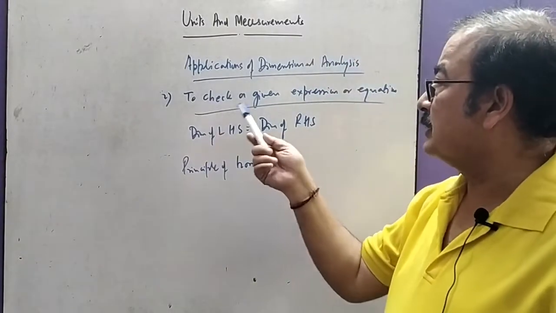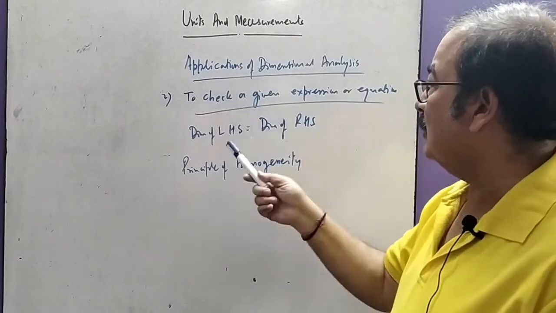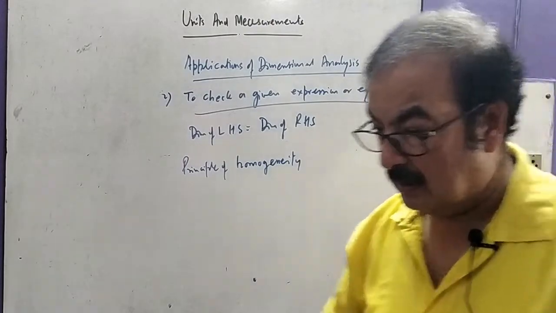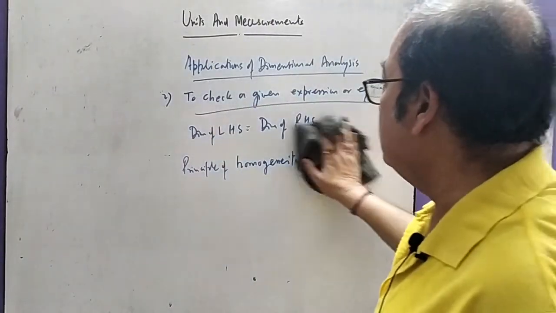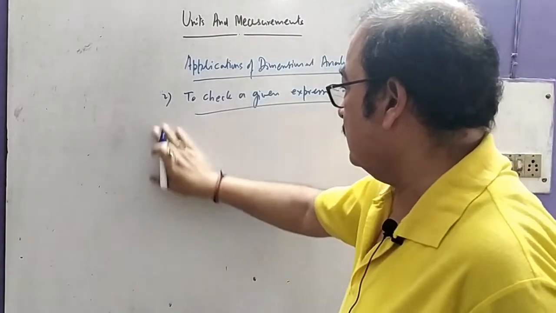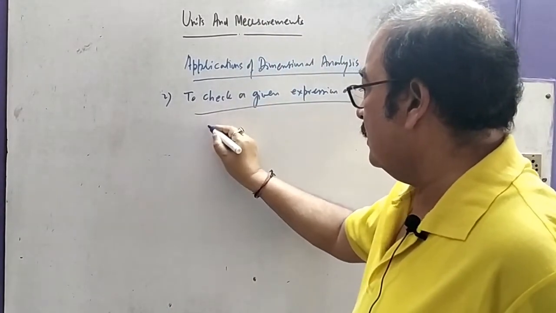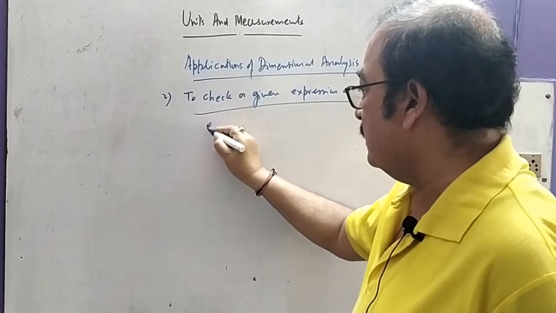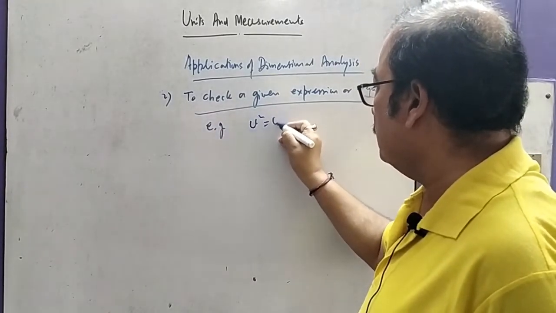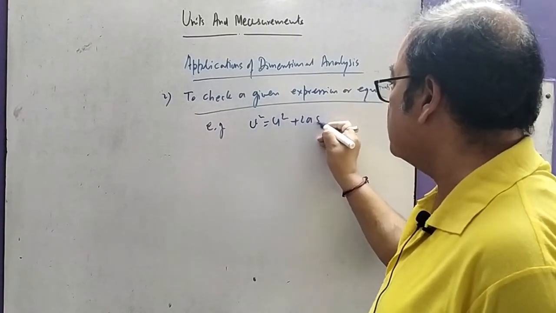Then how to check? To check a given expression or equation by means of dimensional analysis, we do it in a very simple, very systematic way. Suppose we take v square equal to u square plus 2as.